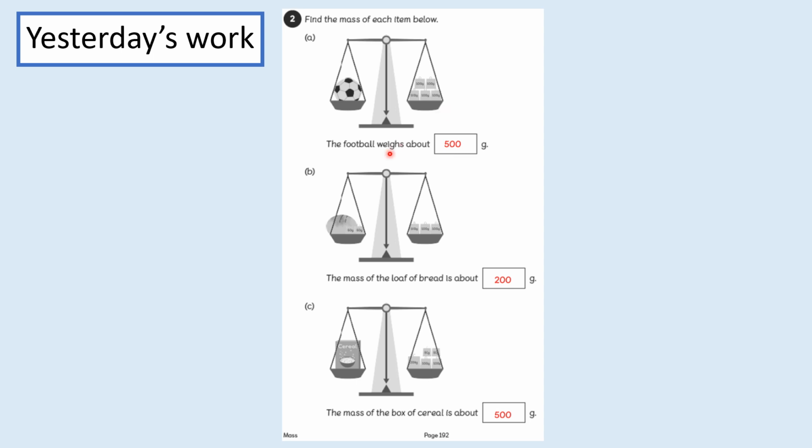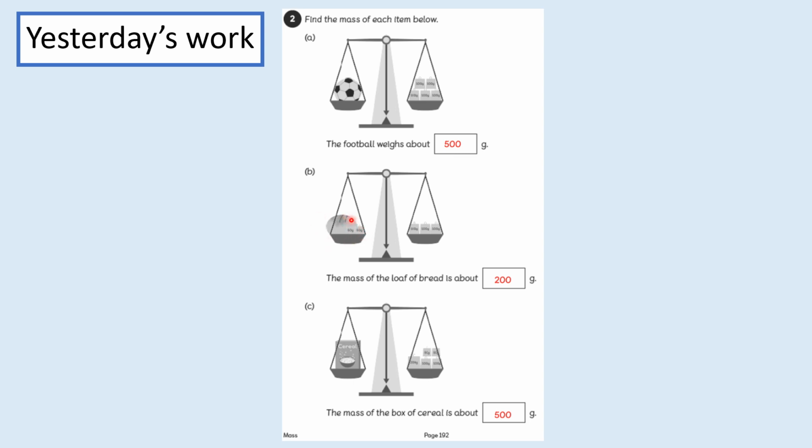For question B, we should have had the mass of the loaf of bread is about 200 grams, because again, we can see that the mass on this side adds up to 300 grams. And over here, we've got a 50 gram and another 50 gram mass with our loaf of bread.